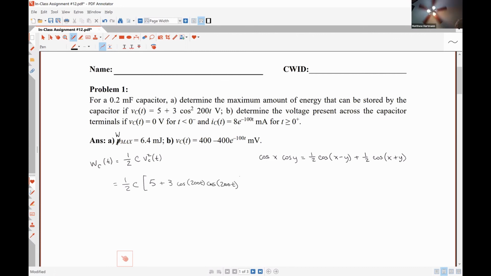We could apply this quantity squared. We'd have 1/2 C times 5 plus 3/2 cosine of 200t minus 200t, so cosine of 0 is 1, plus 3/2 cosine 400t.